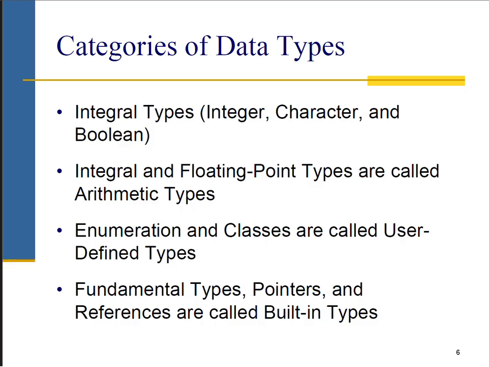Integral and floating point types are called arithmetic types, and also enumeration and classes are called user-defined types. That's where you create your own classes. And also fundamental types, pointers, and references are called built-in types.